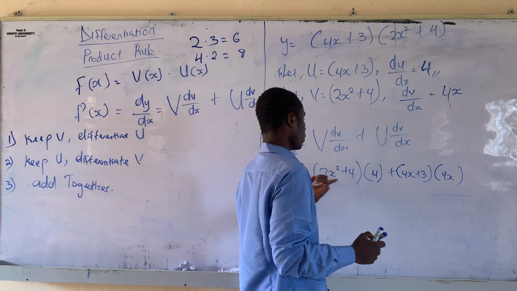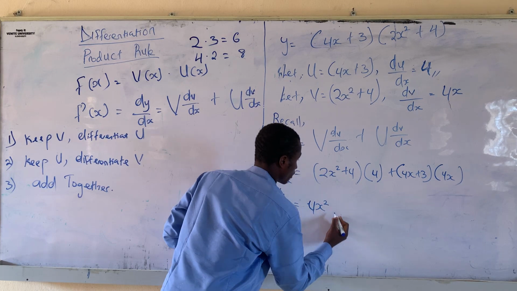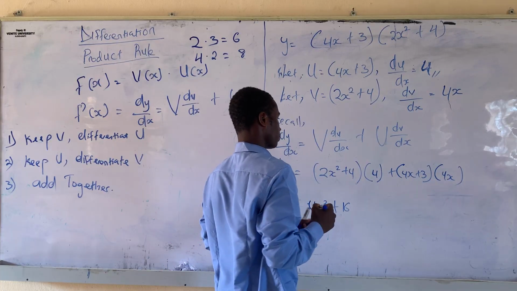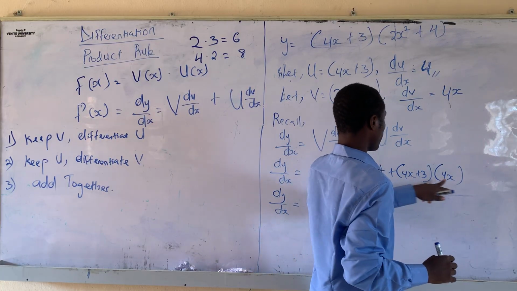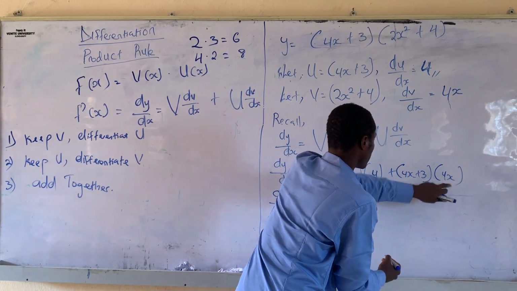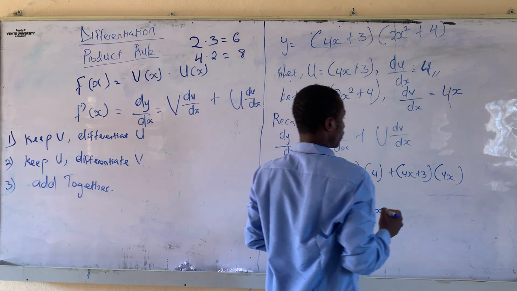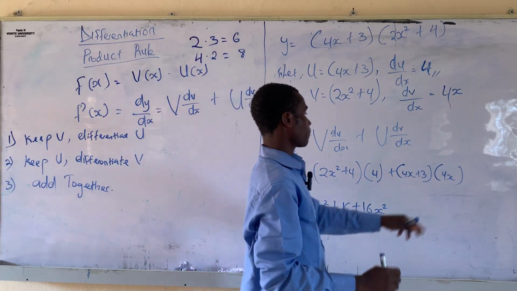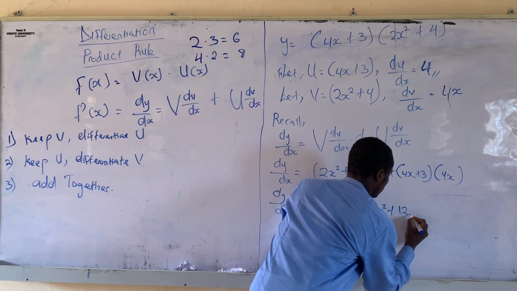So this becomes 2x squared times 4, which is 8x squared, plus 4 times 4, which is 16, plus 4x times 4x, which is 16x squared. Then here 3 times 4x is what? Plus 12x.